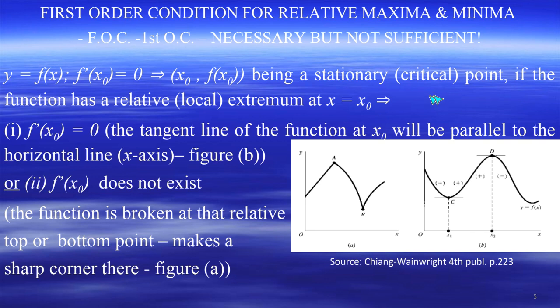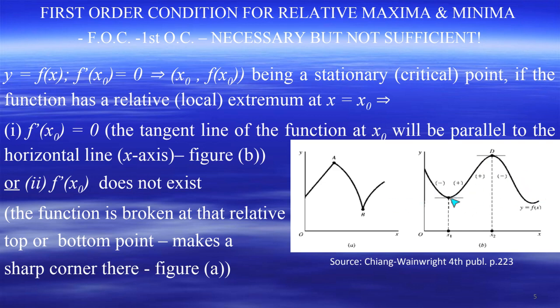That means there is a candidate for a local minimum or maximum, but we don't know which one is which, and it can also be an inflection point. So, for the critical points, the candidates for extrema, minima and maxima, we can have two things. Either the first derivative is 0, like these points, C and D, in figure B, smooth functions with smooth parts.